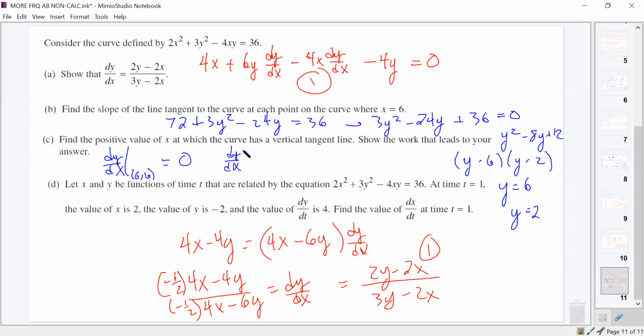And dy dx at the point 6, 2 looks like that should be 4 minus 12 over 6 minus 12. And that's negative 8 over negative 6, which is 4/3. And they gave you 2 points for that, 1 for each of those slopes.